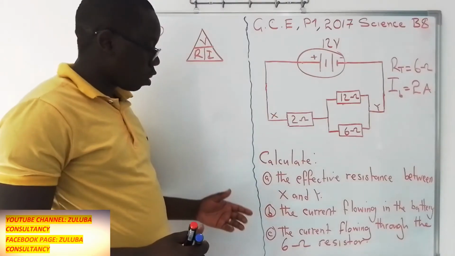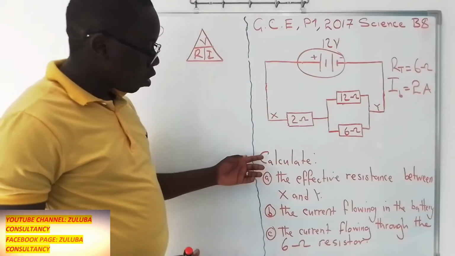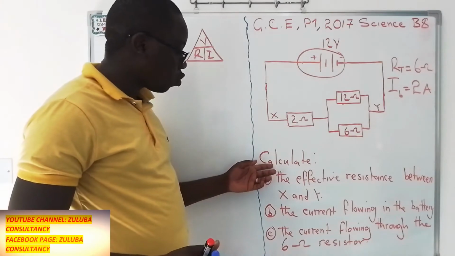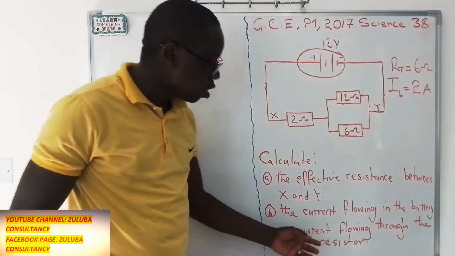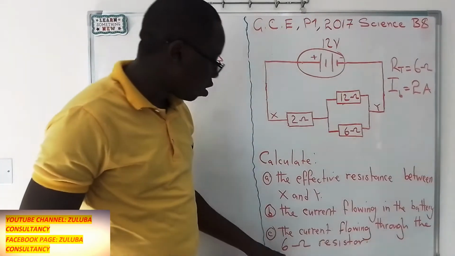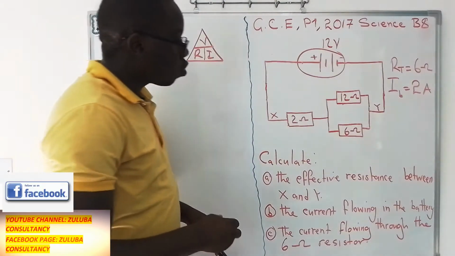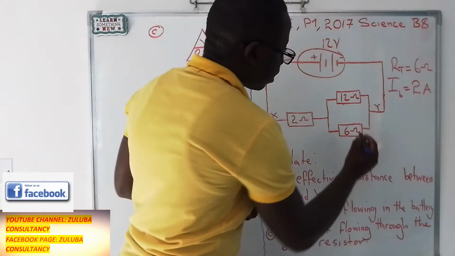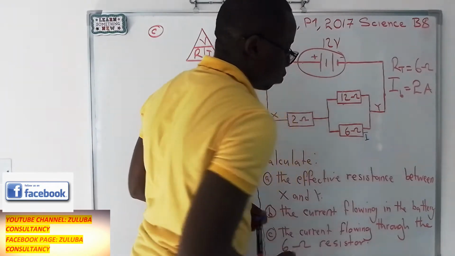Let us look at the third question. The third question is asking us to calculate the current that is flowing through the 6 ohm resistor. So they want us to find the current that is at this point.